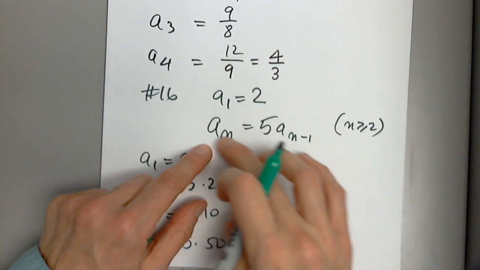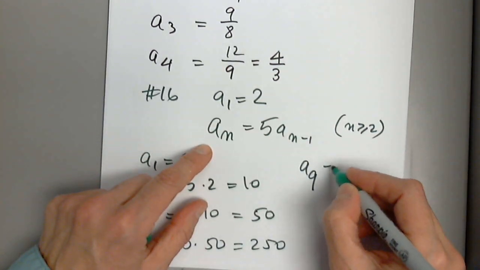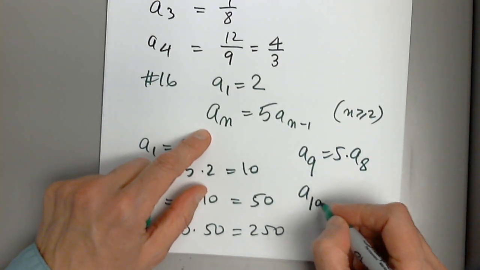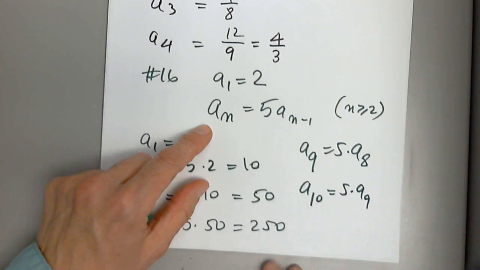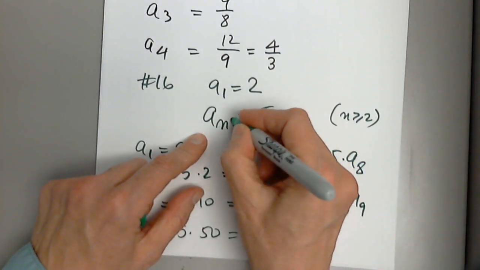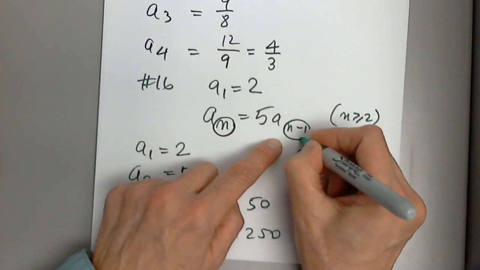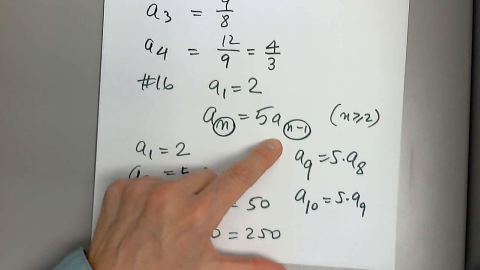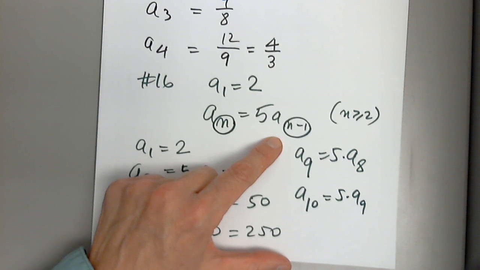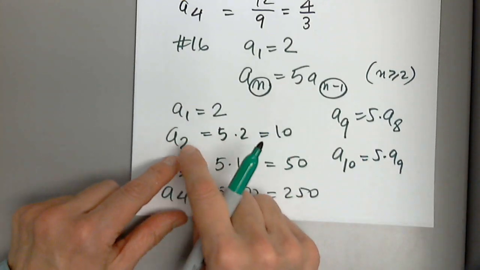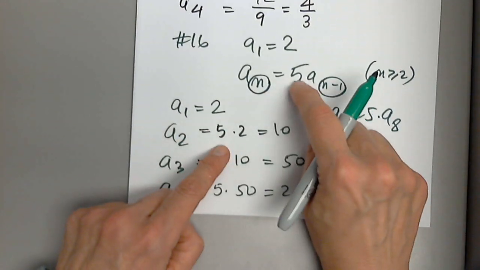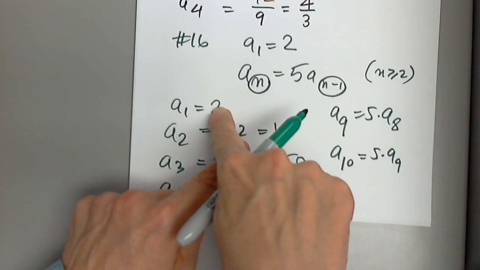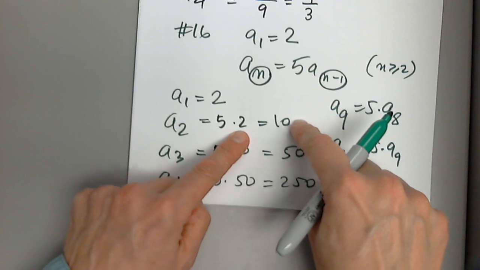Okay, so this says that a9 equals 5 times a8, or a10 equals 5 times a9. This is n. This is 1 before n, n minus 1. So if I'm asked to find a2, I have to write 5 multiplied by a1. a1 is 2. And I get 10.